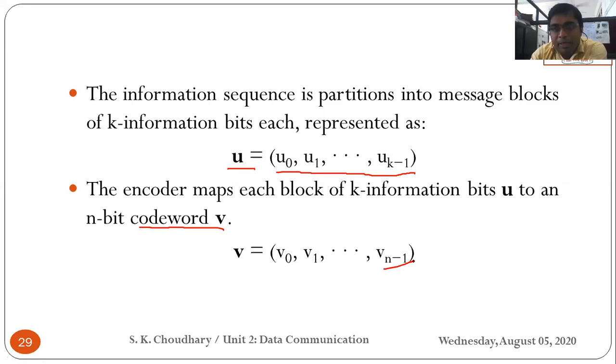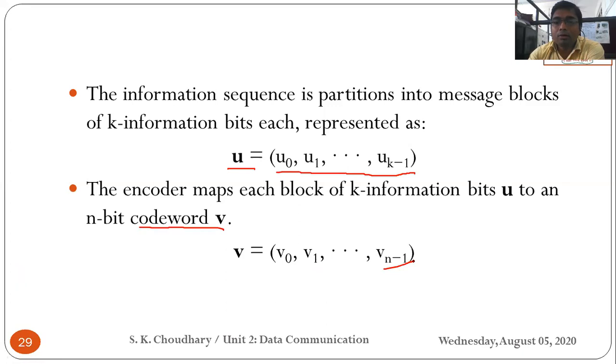So out of a k bit message we can produce an n bit code word v. All these equations, please note them down. Otherwise you would not get what I want to convey at the end of the lecture, because all these equations would be used systematically one after another.